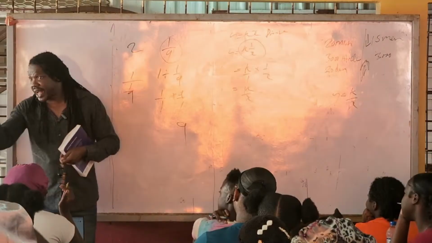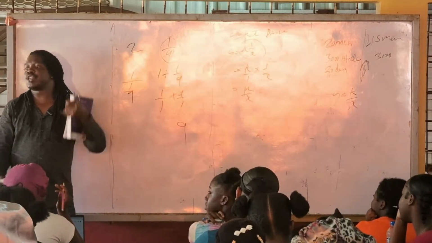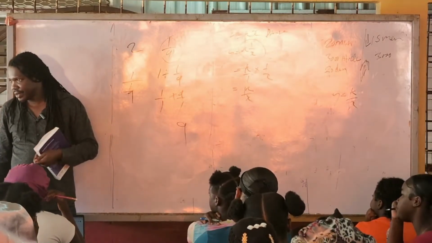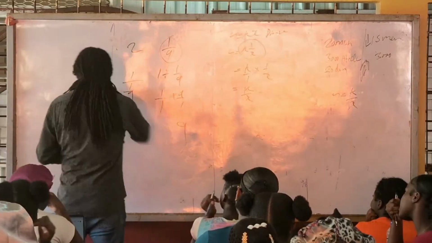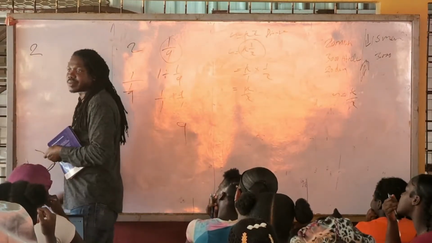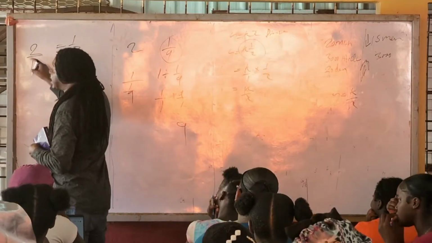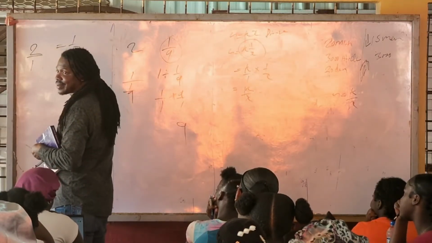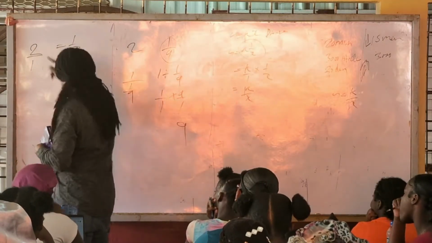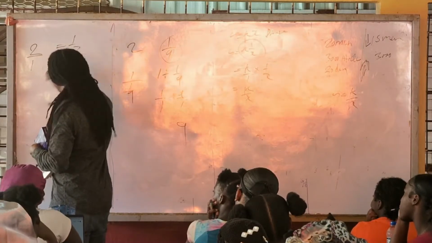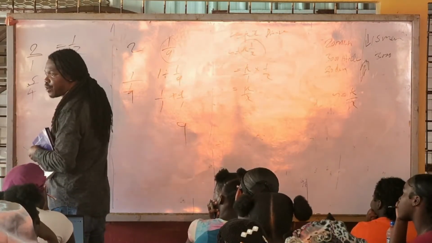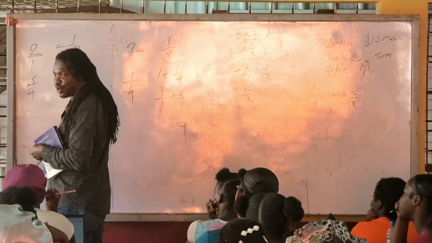So the reciprocal, therefore, becomes turning the number upside down. Because watch this. The reciprocal of 2 is 1 over 2, but 2 is effectively 2 over 1. So what's the reciprocal of 5 over 4? 4 over 5.